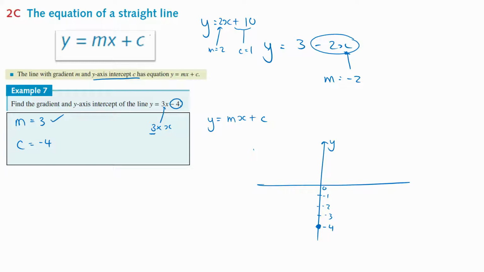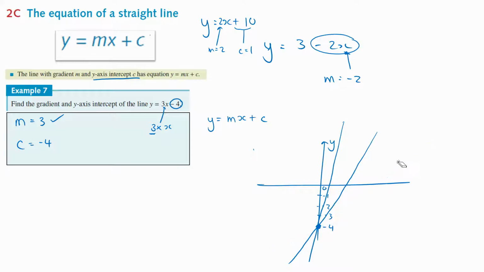Clearly the gradient's 3, and 3 is a positive value, so I know it's a positive gradient. So it has to look something like this. The problem is I don't know how steep it is. 3 could be a very steep number, or maybe a bit more flat. So it crosses through negative 4, and it could be a bit flatter, it could be steeper.